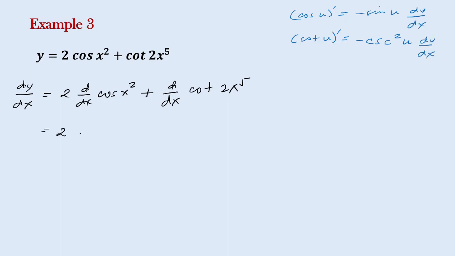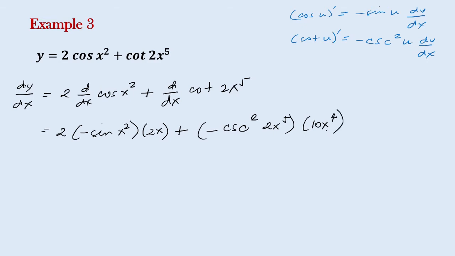We have 2, and then times negative sine x squared, since our u here is x squared, and then multiply this to the derivative of x squared, so we have 2x. Plus, for cotangent, this would be negative cosecant squared of u, which is 2x raised to 5, and then multiply to the derivative of 2x raised to 5, so we have 10x raised to 4.